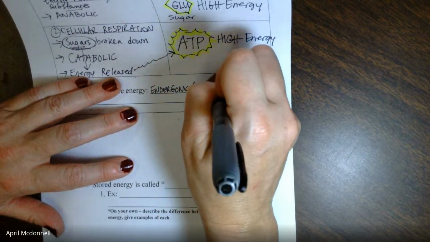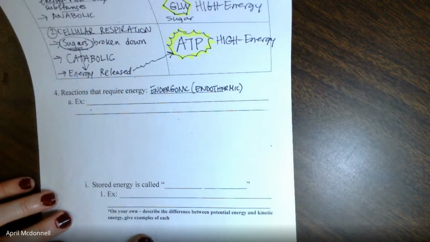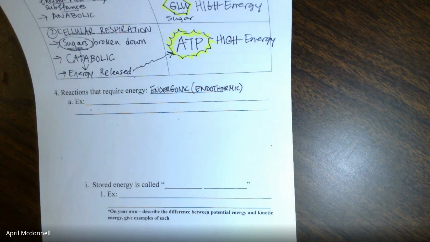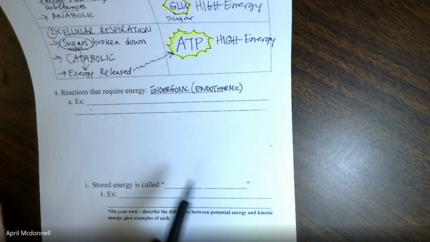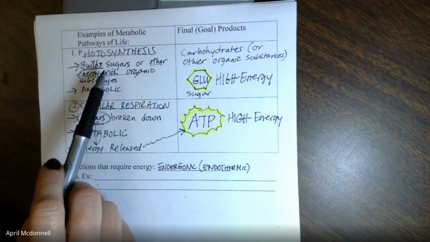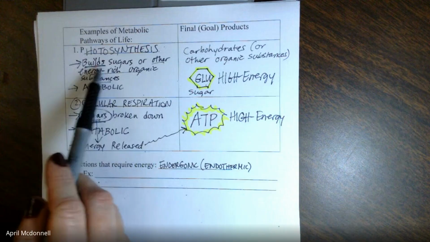They're also called endothermic. An example of a type of reaction that requires an input of energy would be photosynthesis. Photosynthesis requires a net input of light energy in order to begin the process of building sugars.